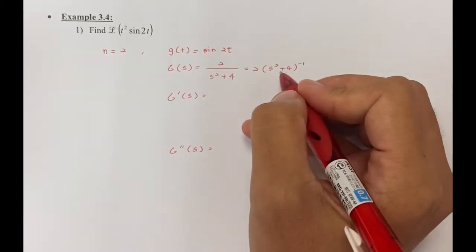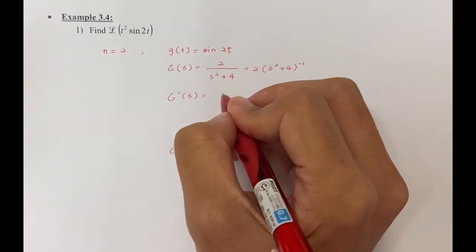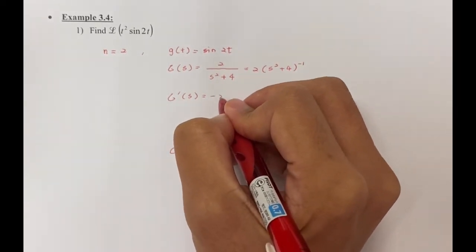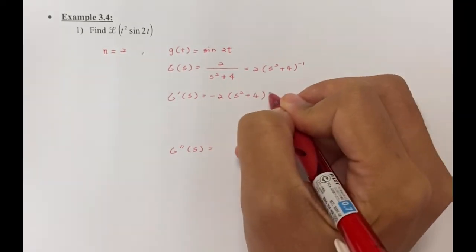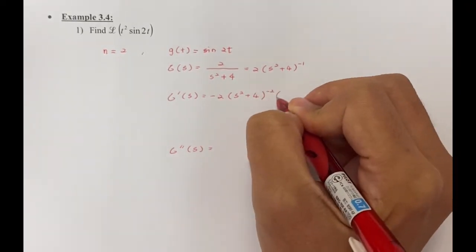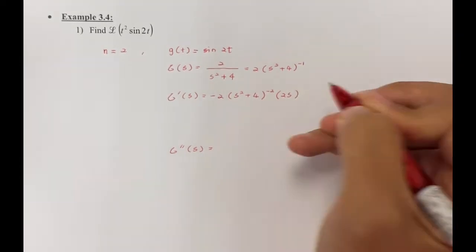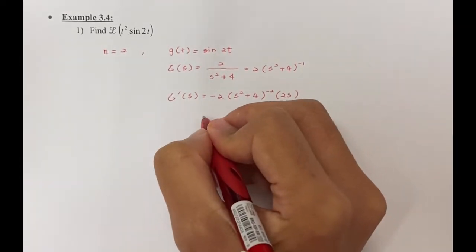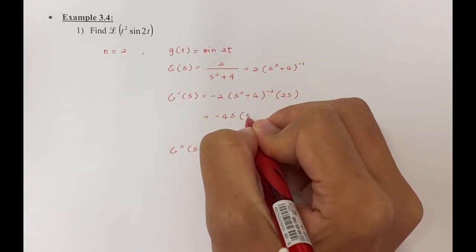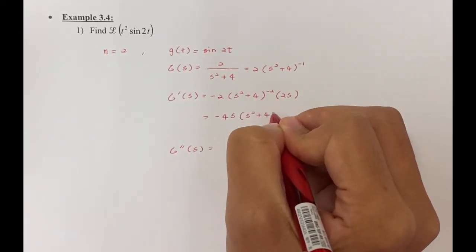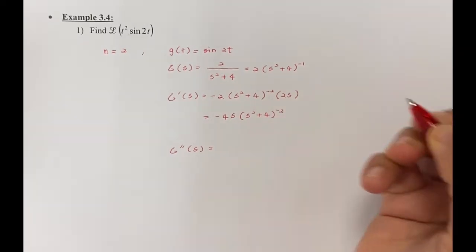Using the chain rule, you have negative 2 times (s squared plus 4) to the power of negative 2 multiplied by 2s. So G prime(s) is equal to negative 4s times (s squared plus 4) to the power of negative 2.